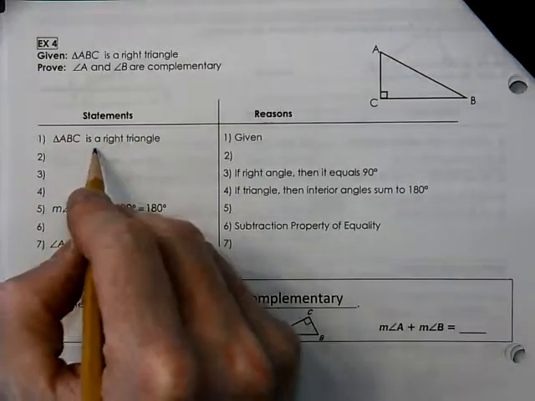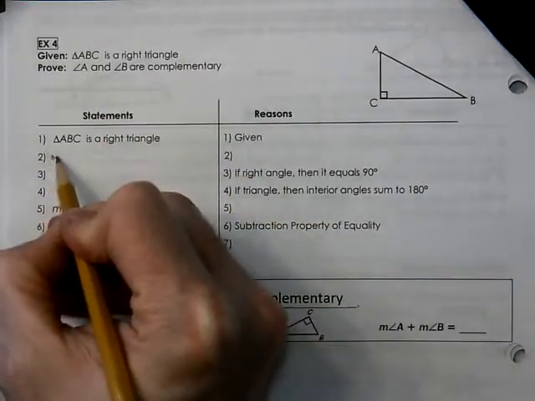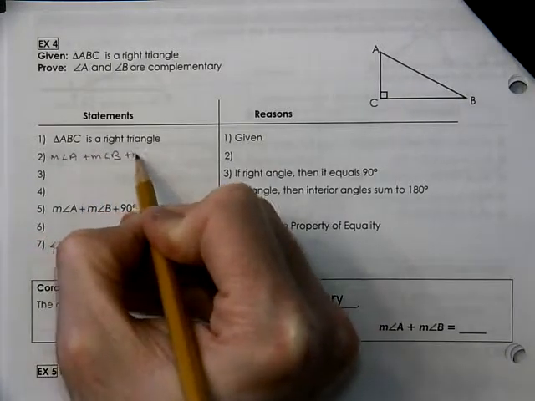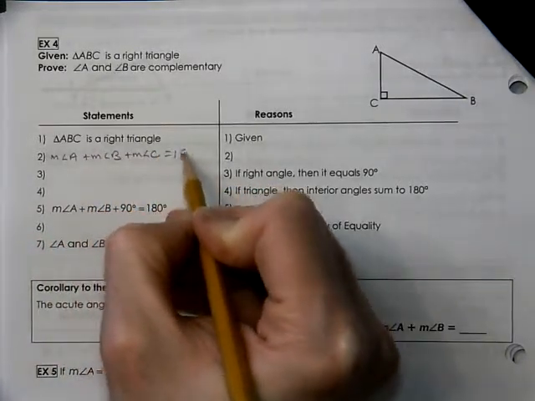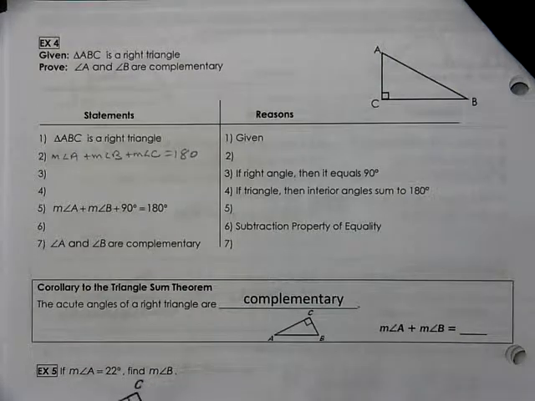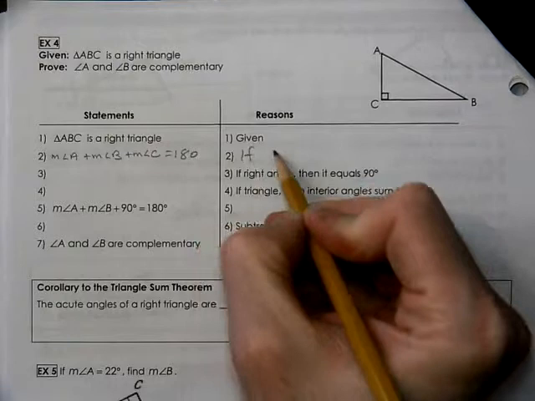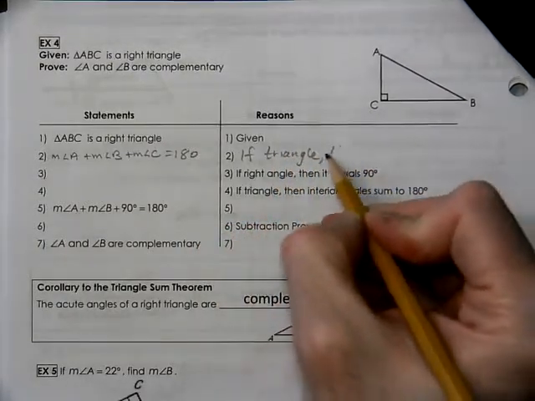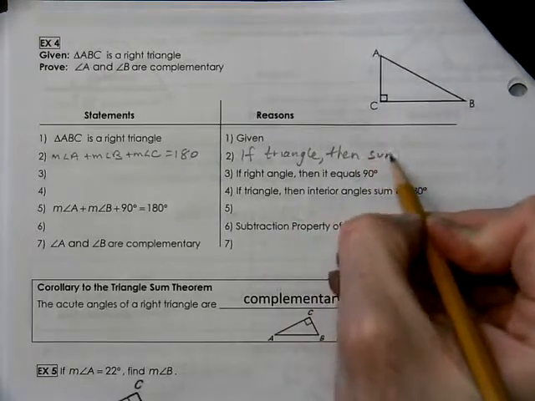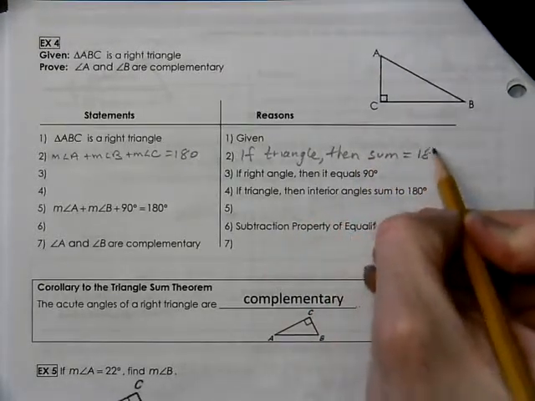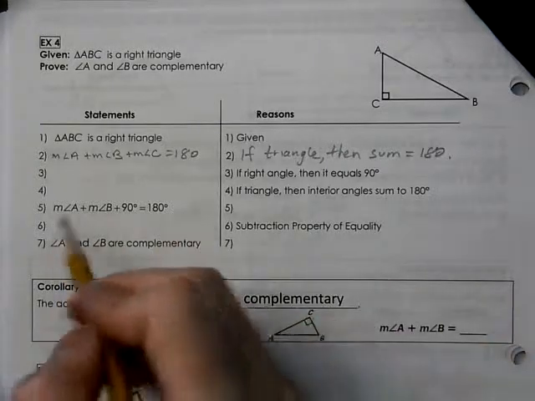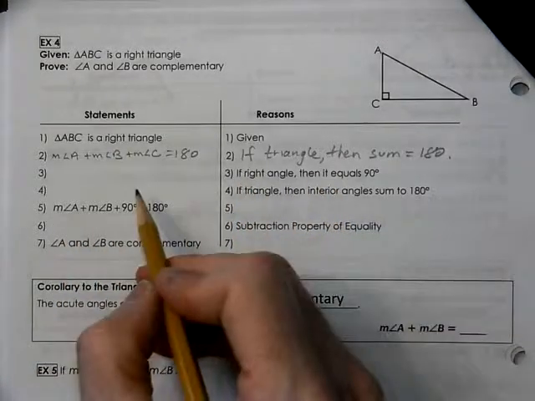Here we're going to start out with our given, which is a triangle. The measure of angle A plus the measure of angle B plus the measure of angle C is 180 degrees. So if triangle, then sum equals 180 degrees. Okay.